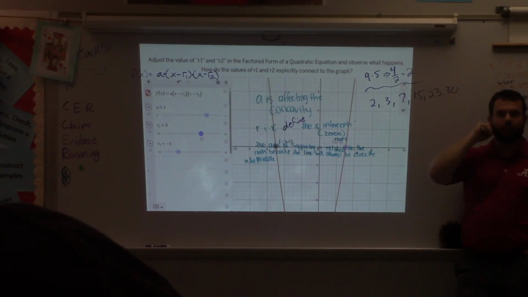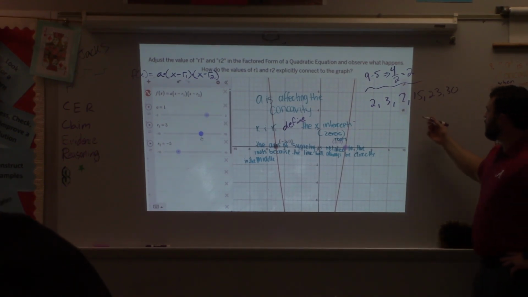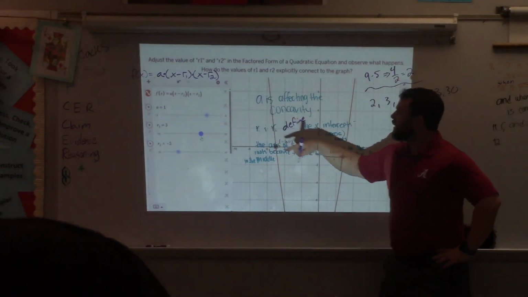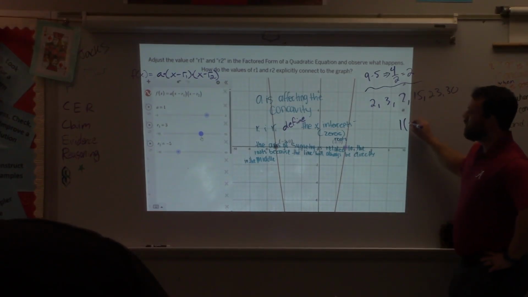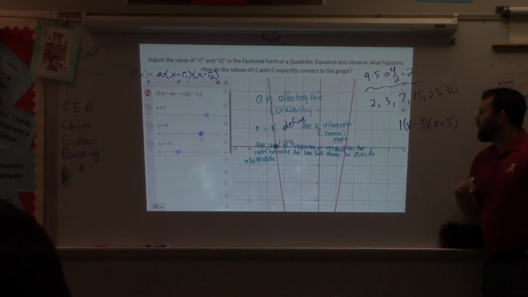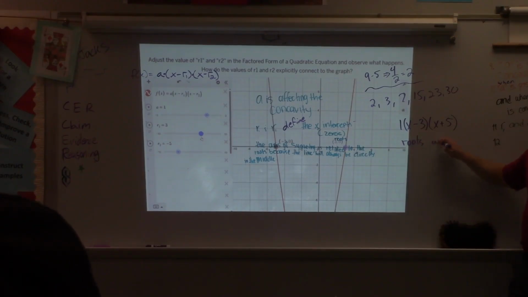Okay, so I'm going to break this language down. I need y'all to pay attention to this. If I look at this right now, my A is 1, my root 1 is 3, so x minus 3, and my root 2 is -5, so it'll be x plus 5. So right now, my roots are 3 and -5.